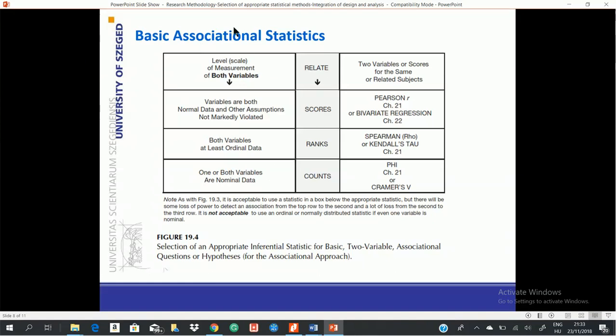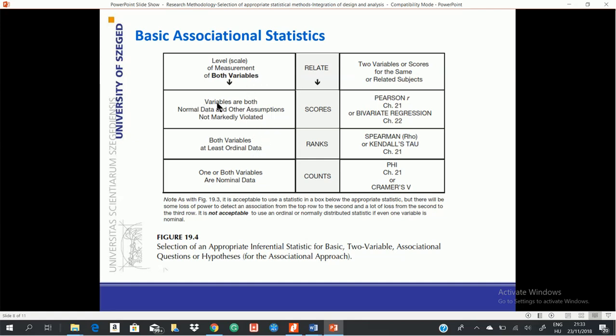Okay, we start with this column. This column is the level of scale of measurement: both variables are normal data and other assumptions are not markedly violated. The next one is both variables at least ordinal data, and one or both variables are nominal data. It means that for basic associational statistics, the assumption is just for ordinal and nominal data.